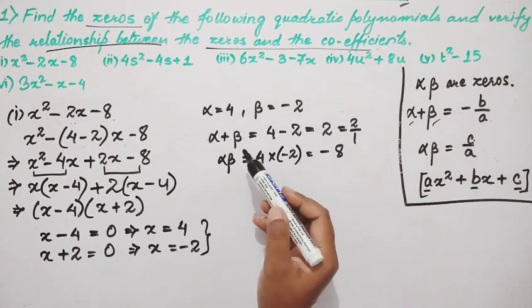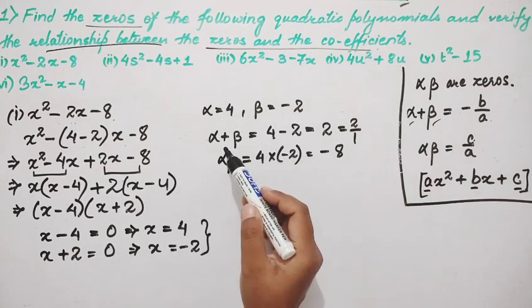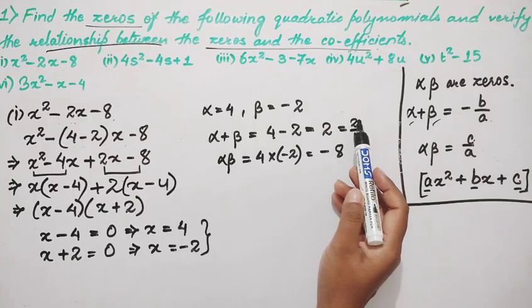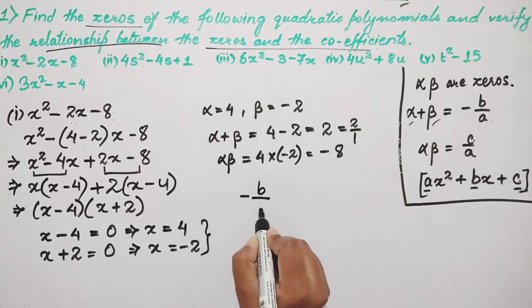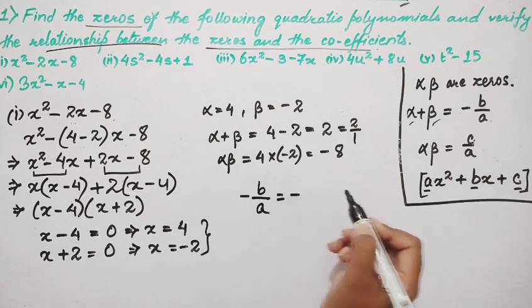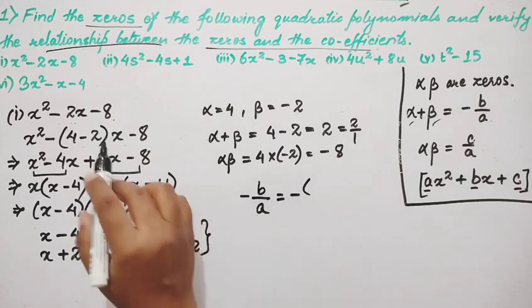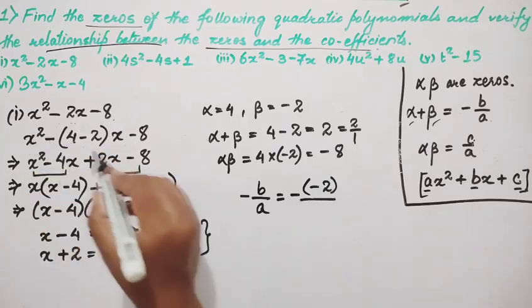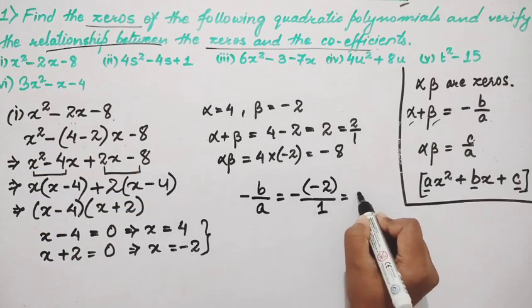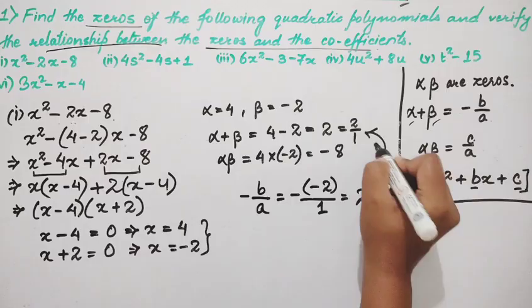Now here we will verify the relationship between these two. Now we have received 2 by 1 over here, and when we calculate minus b by a, we will get minus into b over here is minus 2. So we'll write minus of minus 2 and a is 1. So the ultimate answer we get is 2, which is same as this one.